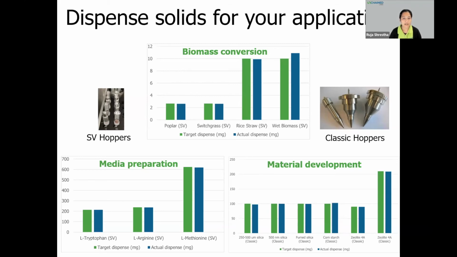We can dispense dry or wet biomass, shown on top. We can dispense hundreds of milligrams of different materials using either SV hoppers, as shown on the bottom left, or classic hoppers, which are shown on the bottom right. Regardless of the type of material and dispense amounts, we can dispense target masses with good accuracy and precision.